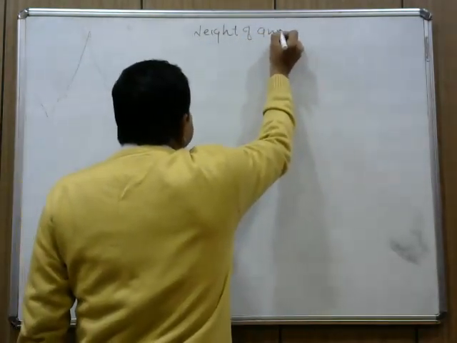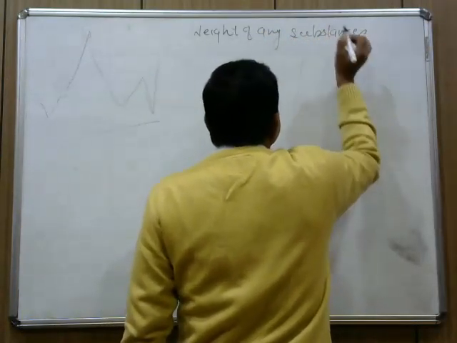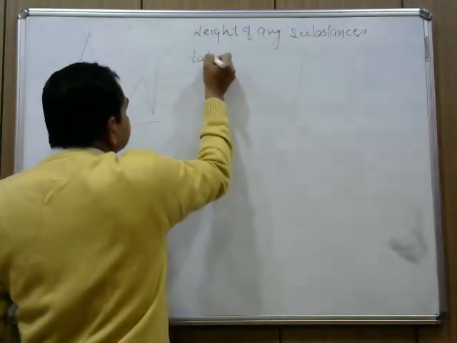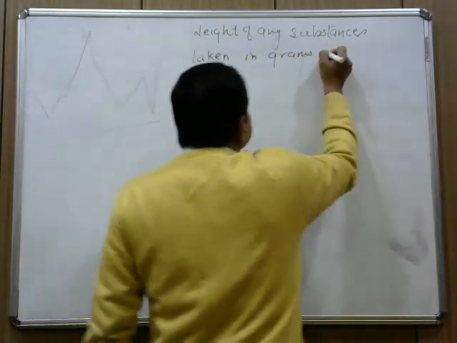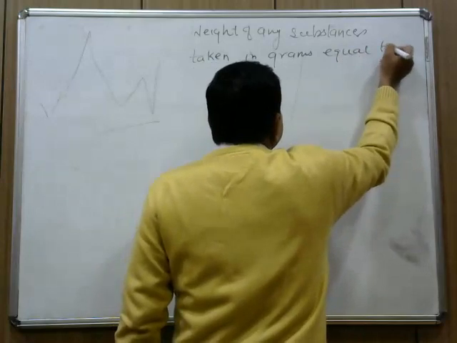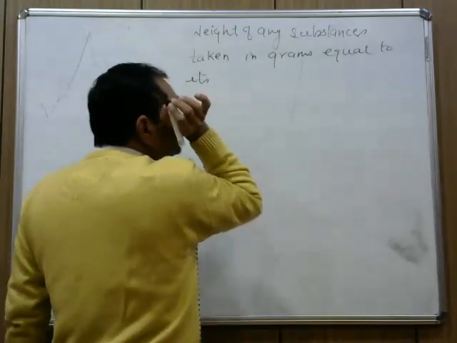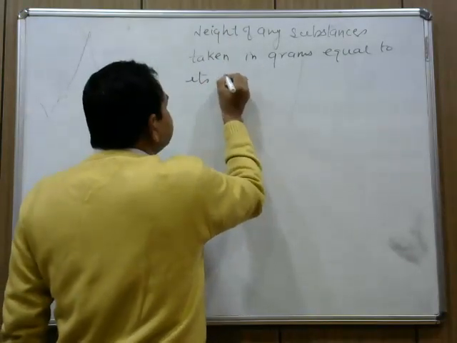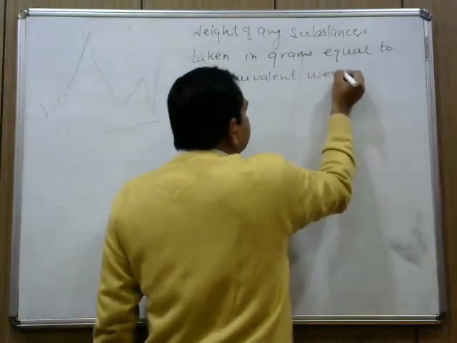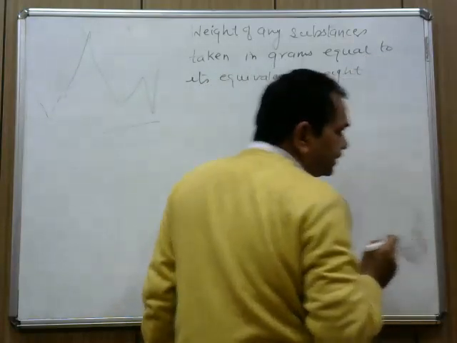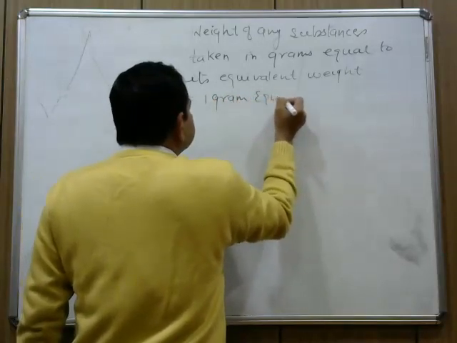When the weight of any substance taken in grams is equal to its equivalent weight, it is called 1 gram equivalent.